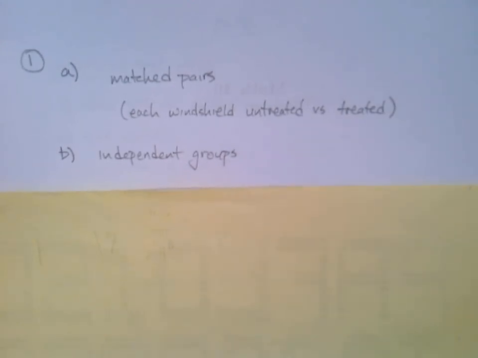And then a little bit later, so we do 2, 3, and 4. Once we get to number 5, then we look at matched pairs. And finally, practice problem number 6, we're going to look at the proportion-based style for 2 samples, 2 groups. So I'll see you in the next video.